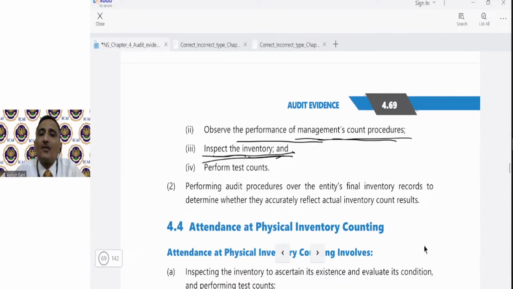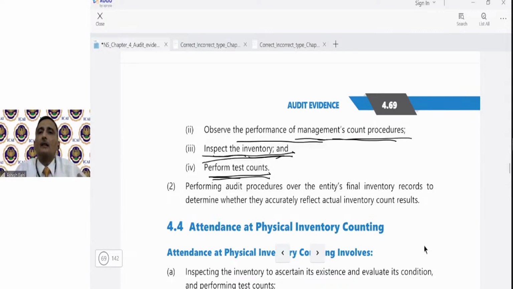And perform test counts. So what do you mean by performing test counts? It means that he has to count inventory on a test basis. There is a full godown of rice stored in stacks. Bags are stored along the walls up to say 10 feet height.